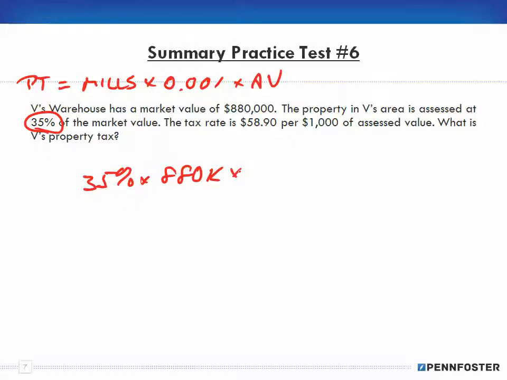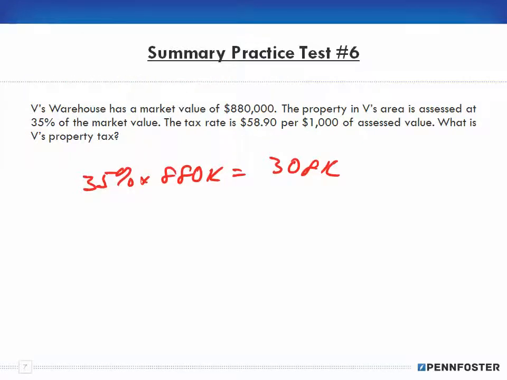Let's see here. It's assessed at 35%. The tax rate is per 1,000. Okay, this one's giving me a little bit of a difficult time. 35% of 880,000 is equal to 308,000. So yeah, that's what I'm doing wrong.